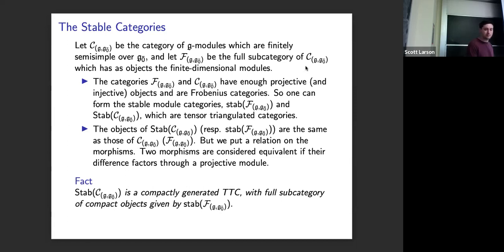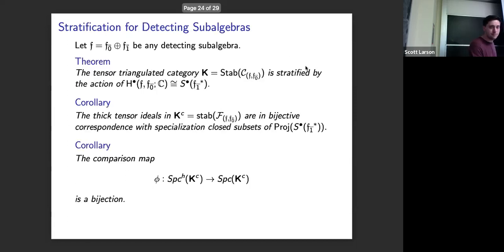All right. So what we were able to do was use the ideas of that theorem on stratification for elementary abelian 2-groups to get a similar result for detecting subalgebras.